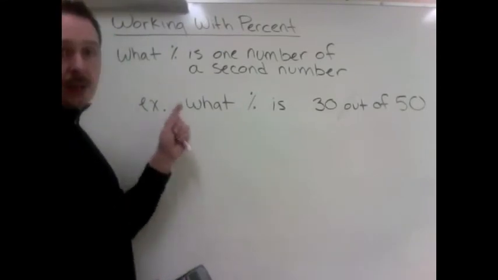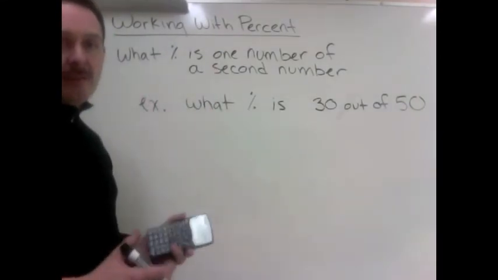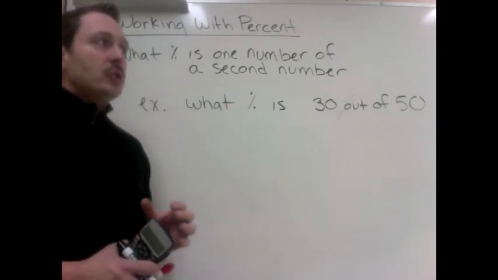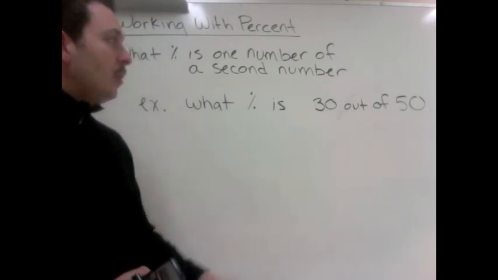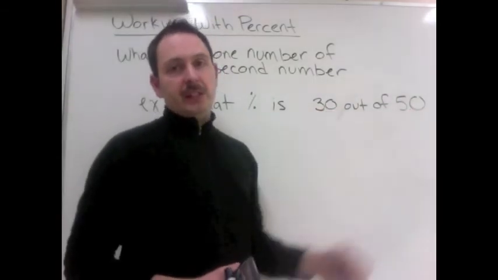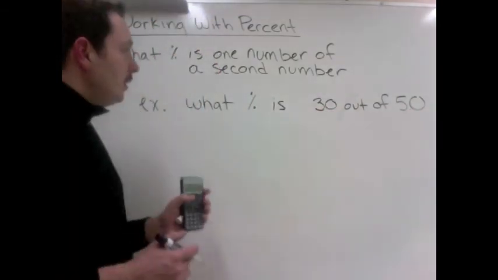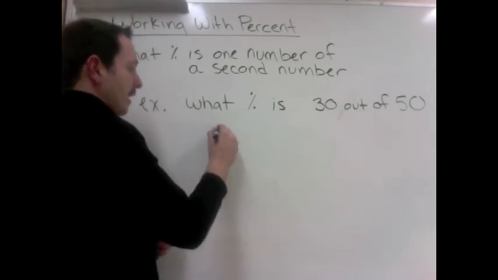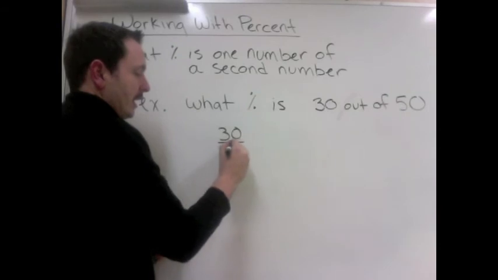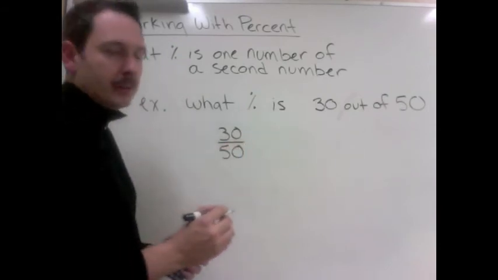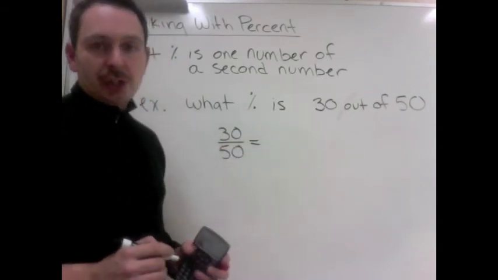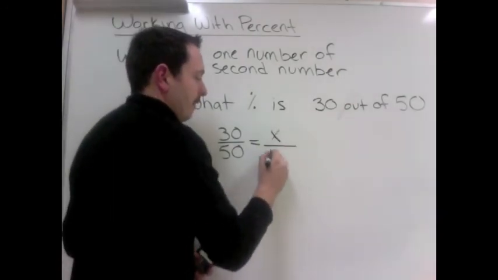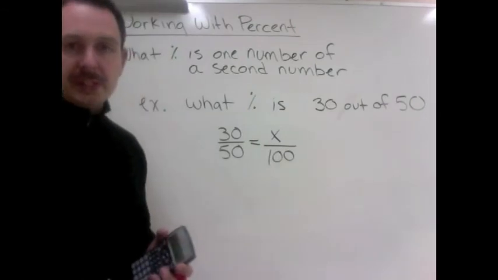Now we're looking at what percent is one number of a second number. So an example when you'd use this is on a test. If you got 20 out of 25 on a test, or on a test you got 30 out of 50, and you want to know what percent you got. Well, to do this, we can say that you have 30 out of 50, and using our ratios, that is what percent of 100, because percent is always out of 100.